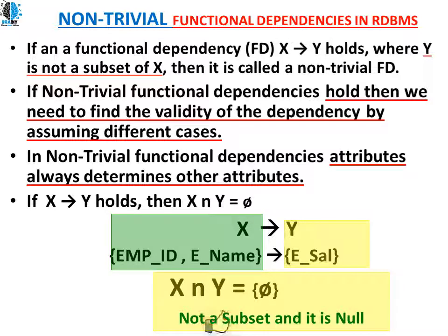X attributes are employee name and employee ID; employee salary is another. So the same type of attributes are not there on the left-hand side and right-hand side. Their intersection is always a null set, and Y is not a subset of X.